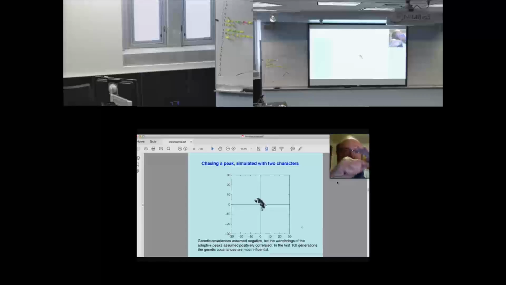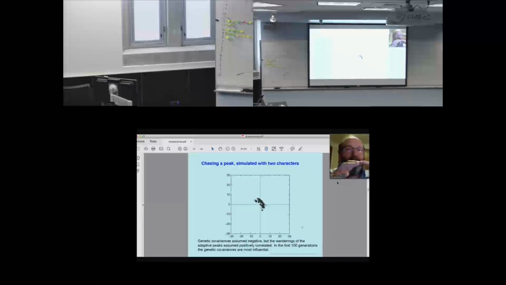Yeah. And we're asking about the movements of the characters back and forth on that peak. But when I talk about selective covariance, I also mean covariation that might result from the peak itself wandering. So we're not just talking about the shape of the peak.